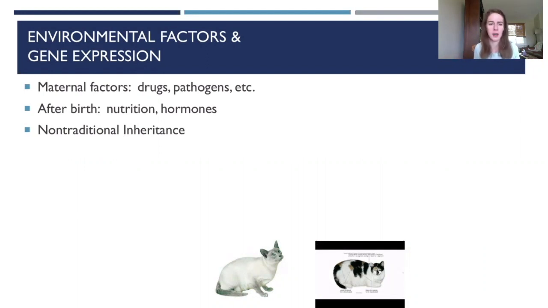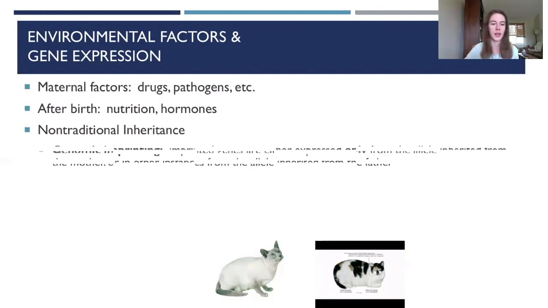Things like drugs and pathogens in the womb, in utero, can lead to lasting effects in the DNA. So it's important to monitor things while a pregnancy is occurring, but after birth, things can affect your genetics as well. Nutrition and different hormones can affect gene expression, like what gets turned on and what gets turned off, like the ability to produce certain proteins and enzymes.